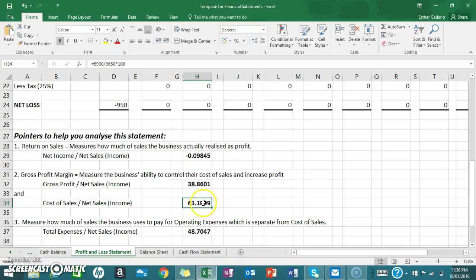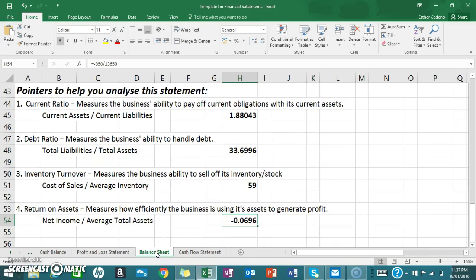So if cost of goods sold is 61 and the operating expenses, if I round off, was 49%, that shows you right there that you actually had more expenditure than income. Okay, well, this is the first year of business. Let's look and see how the balance sheet is doing.